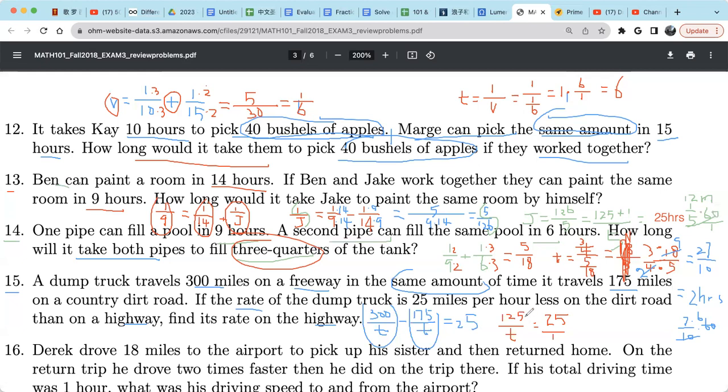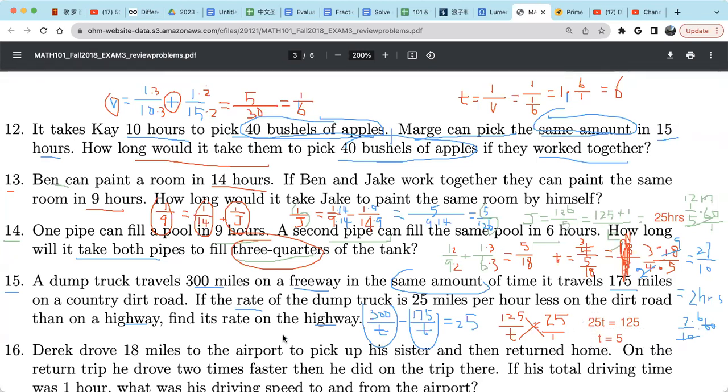Then we cross multiply. 1 times 125 equals t times 25. So we have 25t equals 125. Divide by 25 on both sides. So t equals 5. So it takes 5 hours on each road.